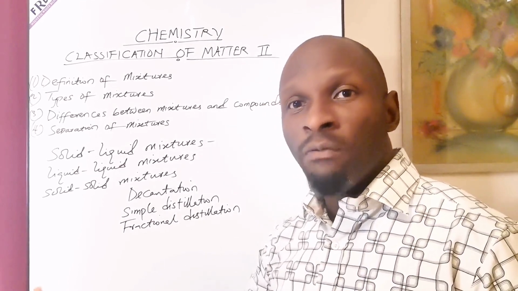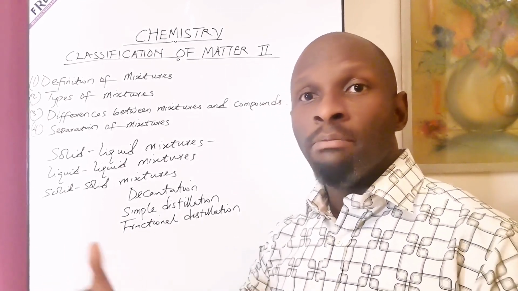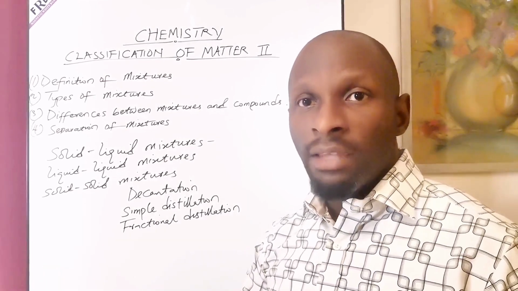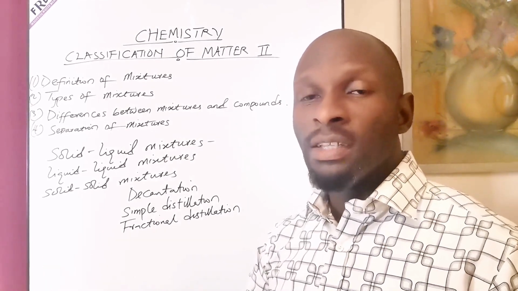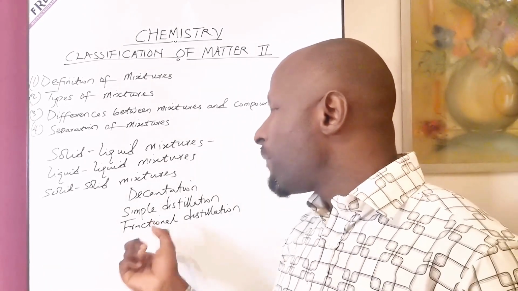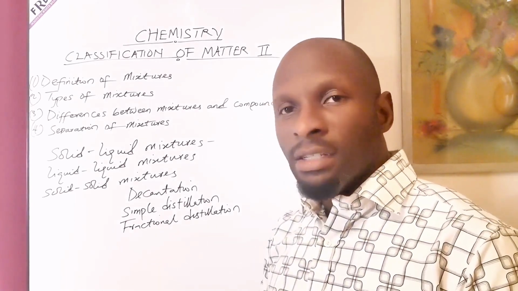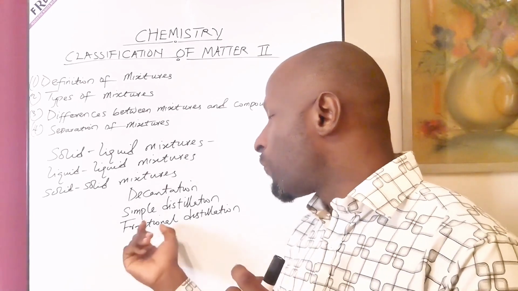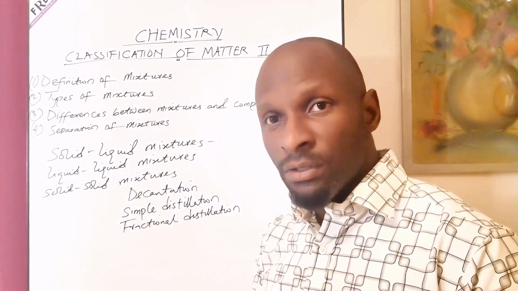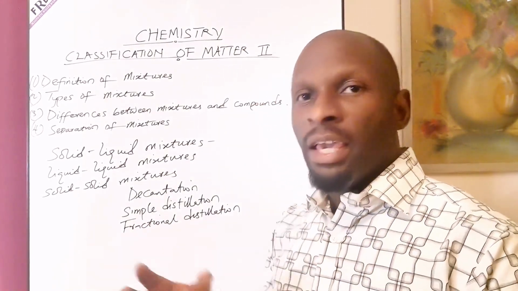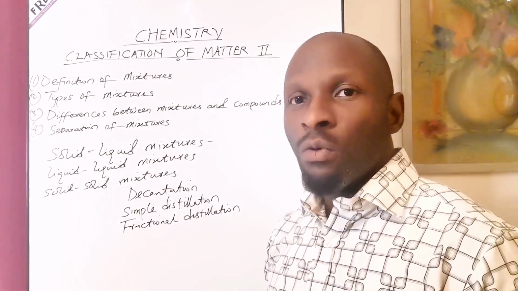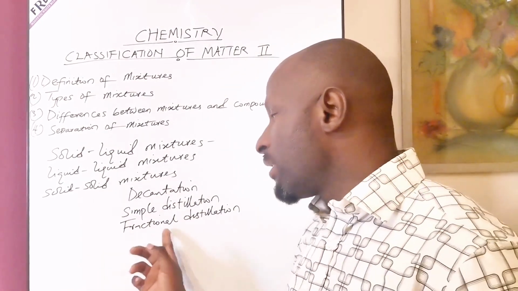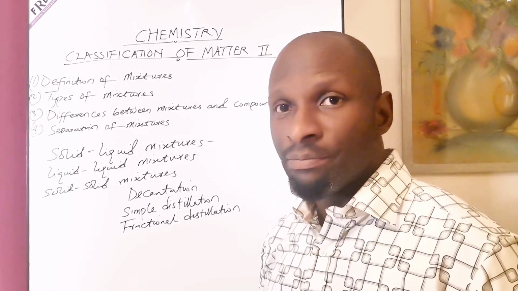Like if you have up to 50 degrees centigrade between them, then we can apply what? Simple distillation. But if the difference in the boiling point is not much, then we have to use fractional distillation. Okay? In industries, what is used mostly is fractional distillation.